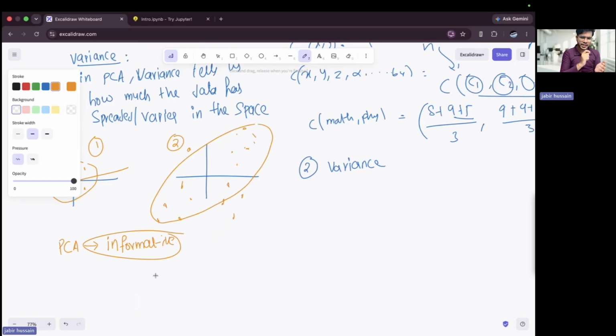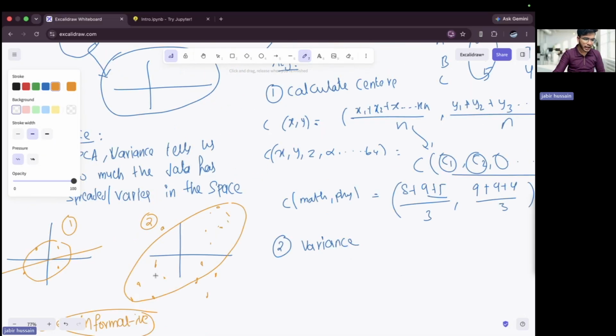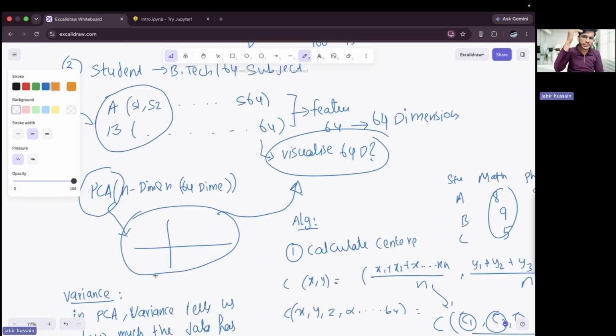The data which has the same points, let's say here in our example, all 64 students have the same marks. Is it informative, useful data, or the data which has different values? Which data set is important? And from which data sets can you extract patterns?